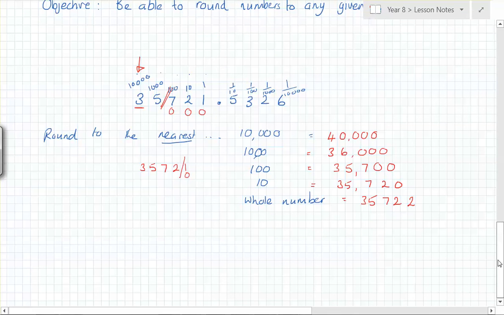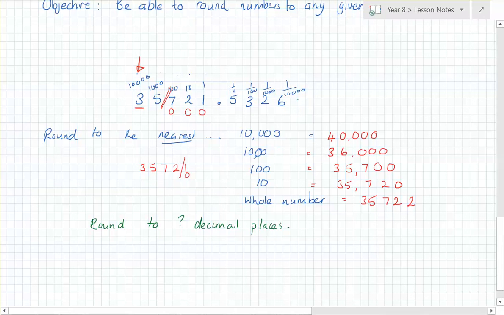So we've got to the nearest, but as you said, we can carry on. But the language is a little bit different now. So instead of rounding to the nearest, we round to a number of decimal places. Okay? Right, so for instance, in this number, how many decimal places do I have, Sushi? 4.